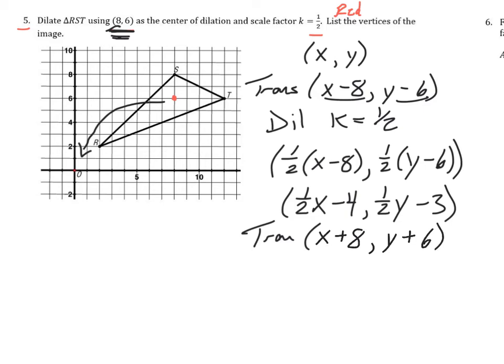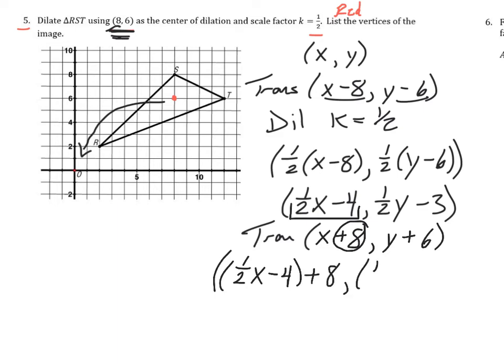So now what I'm going to do is take this x value and add 8 to the end of it. I'm going to use some parentheses to make it a little bit easier. So I have 1/2 x minus 4, close my parentheses, I'm adding 8 to that. And then I have 1/2 y minus 3, and I am adding 6 to that.